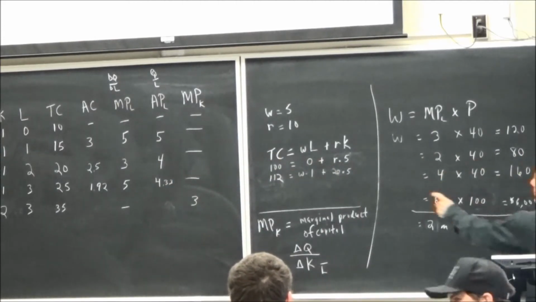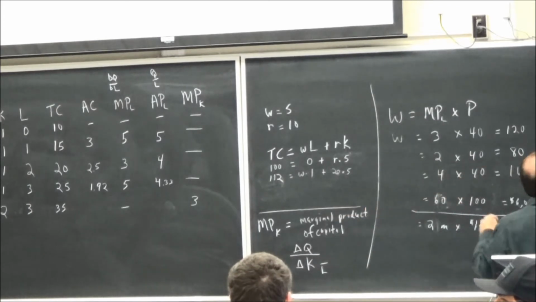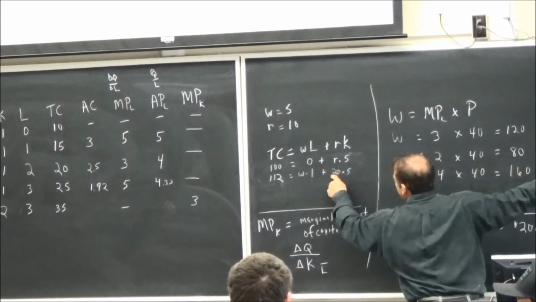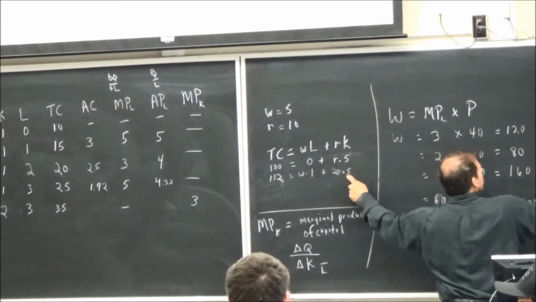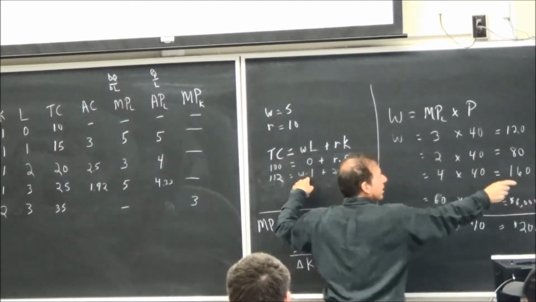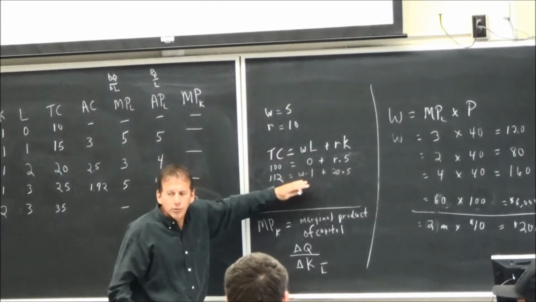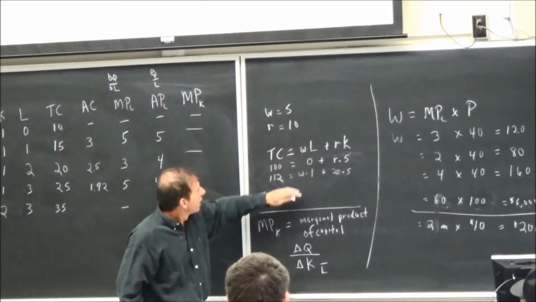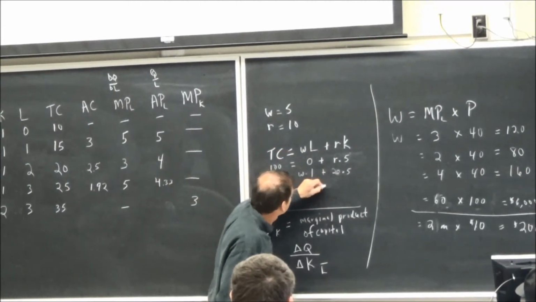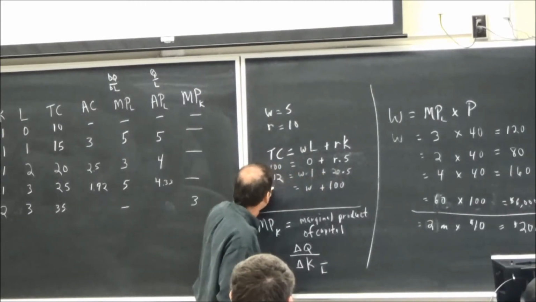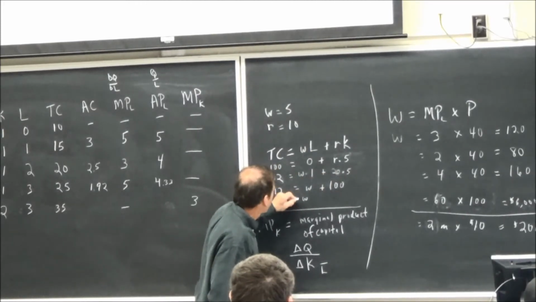The 112 is the total cost. The 20 I solved for before with the rental cost of capital. The 5 is here. The 1 is here. And so I just took this information, I moved it over to my formula, and it comes out to be W plus 100 equals 112. So W equals 12.